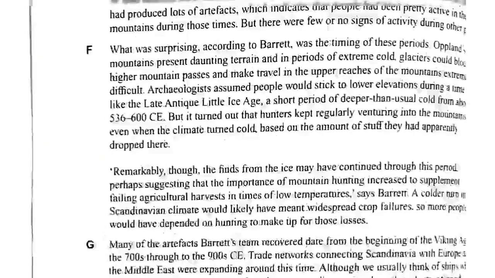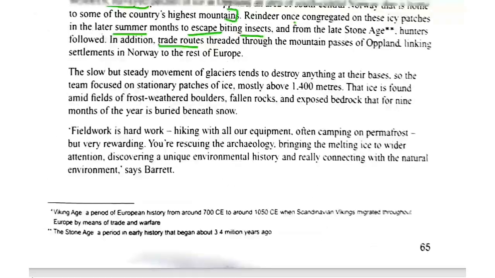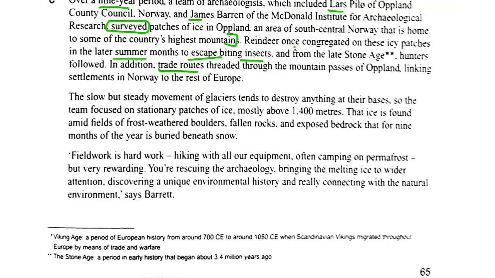Next we'll continue reading the paragraph. So first they spoke about the survey and then they're speaking about the reindeer. And then comes: the slow and steady movement of glaciers tends to destroy anything at their bases. So the team focused, speaking of the team now, on stationary patches of ice, mostly about 1400 meters.